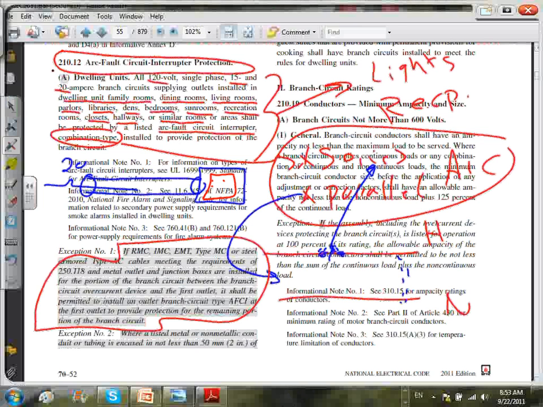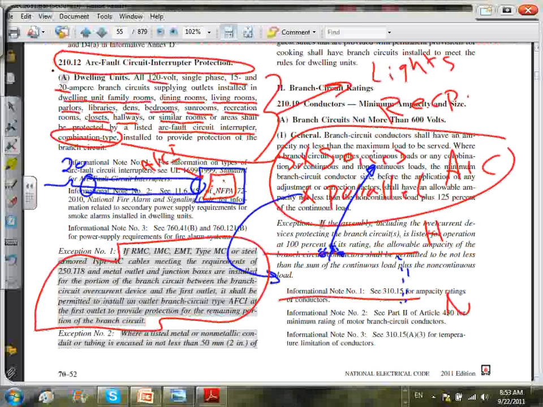So this will be my arc fault circuit interrupter. Long story short, if you wire with conduit, they allow you to use a receptacle as the arc fault circuit interrupter, not the circuit breaker. But you have to wire with conduit.